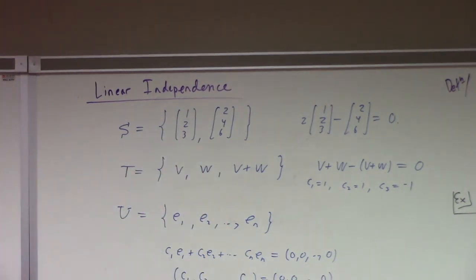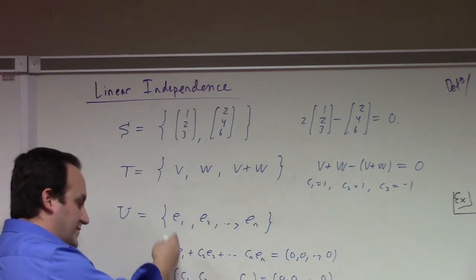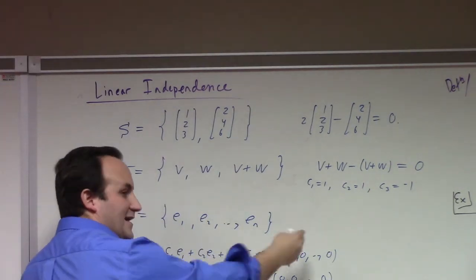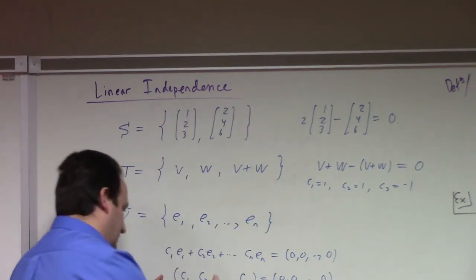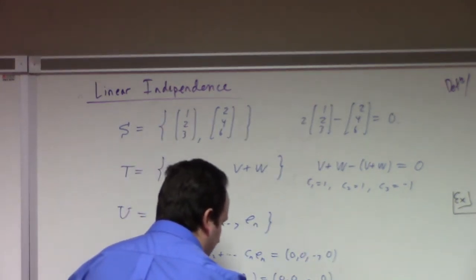What does that say about c1 through cn? They're all 0, because in order for an n-tuple to be equal to another n-tuple, it must be the case that each and every matching slot matches. So, yes, in fact, c1 equals c2 equals dot dot dot equals cn equals 0.